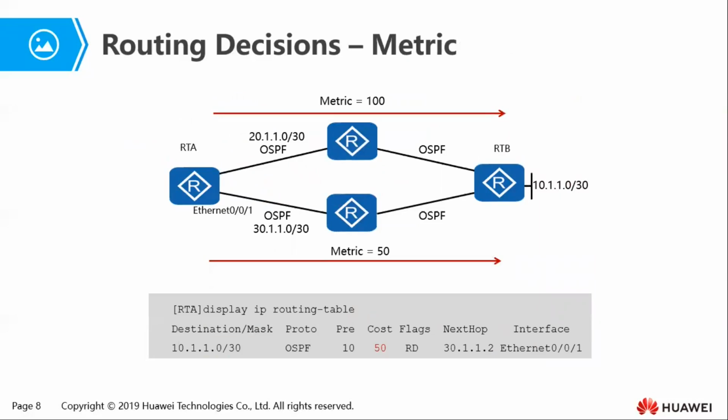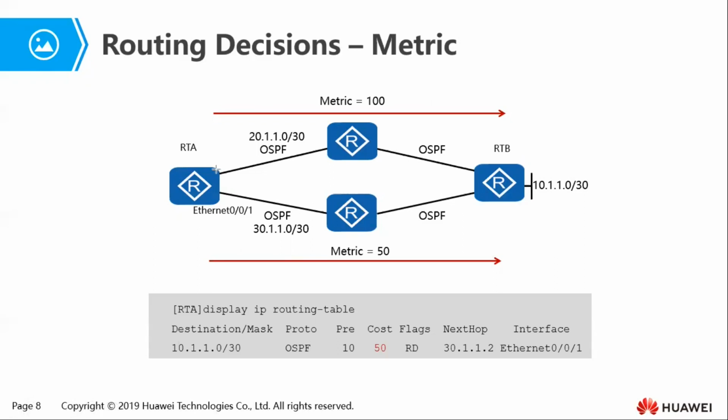Now let's go to metric. Metric is associated with the bandwidth. And I think when we learn OSPF, we are going to learn more on how the cost metric is calculated.